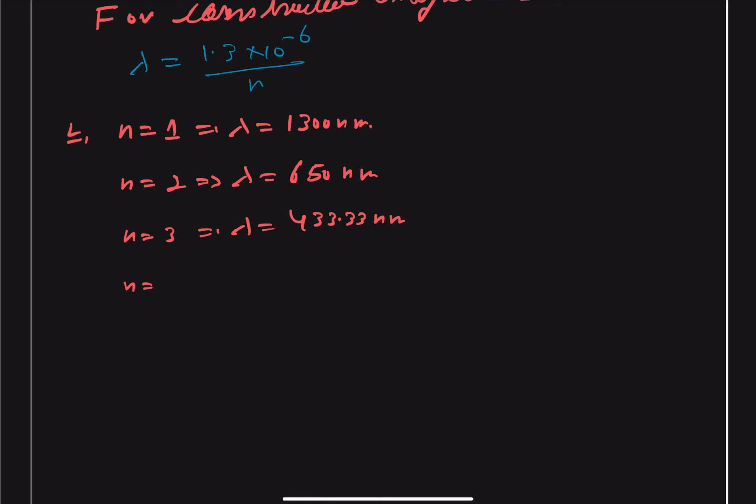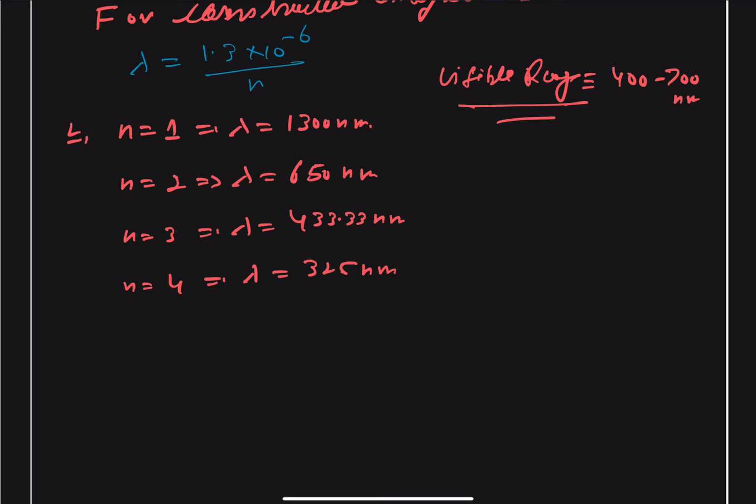And for n is equal to 4, lambda will be equal to 325 nanometer. And for visible range, the wavelength should be between 400 and 700 nanometer.